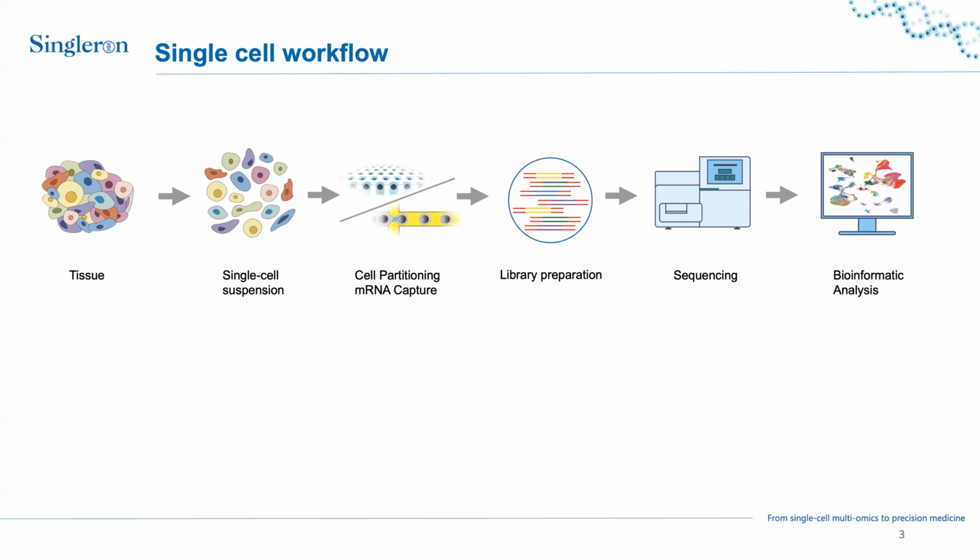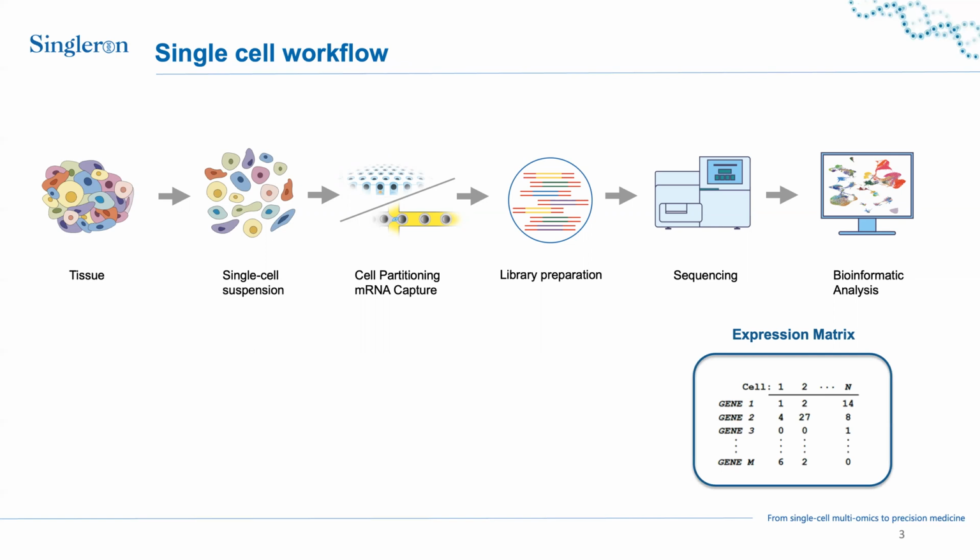Afterwards, you can prepare the library, do the sequencing, and go for bioinformatic analysis. In this type of experiment, you can look at the whole transcriptome of every single cell individually. You can, for example, use this to identify cell types or subcell types, discover even new cell types, or use it for drug treatment and drug development. So there are many, many applications possible.